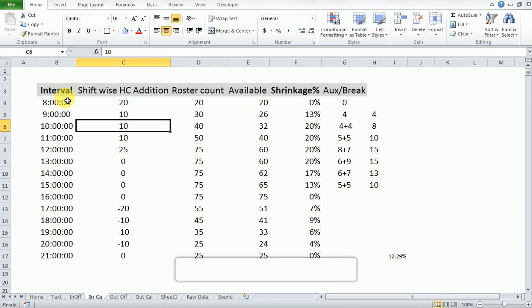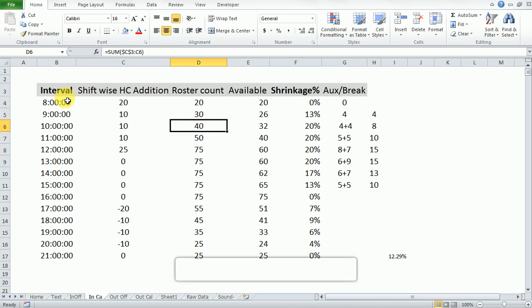Same at 10 a.m., 11 a.m., 12 p.m.: the count goes 30 plus 10, 40 plus 10, and 50 plus 25 is 75. This is the head count that is being added in the roster count.